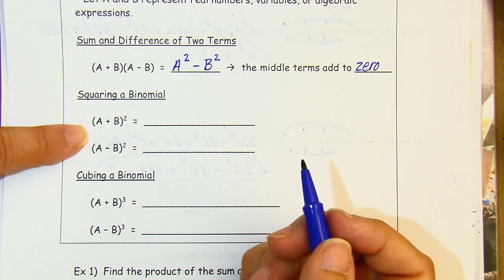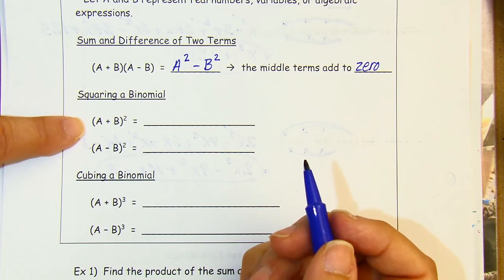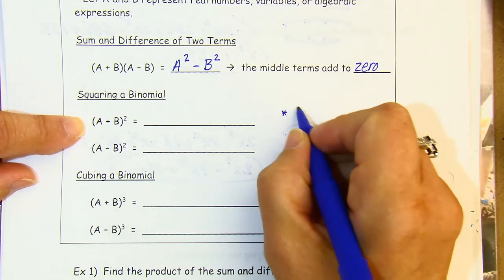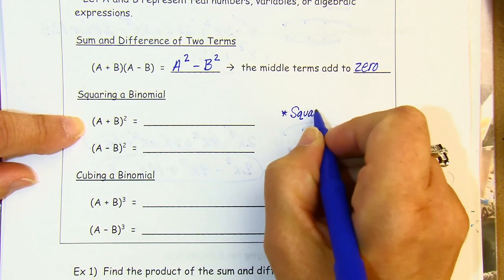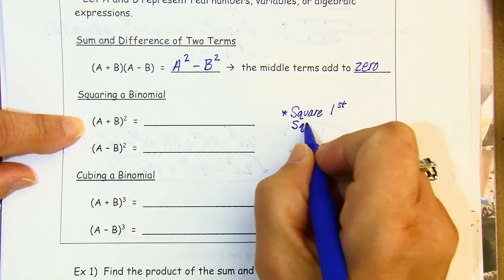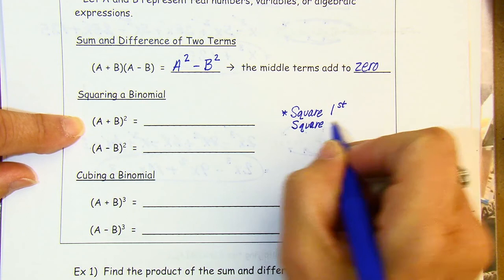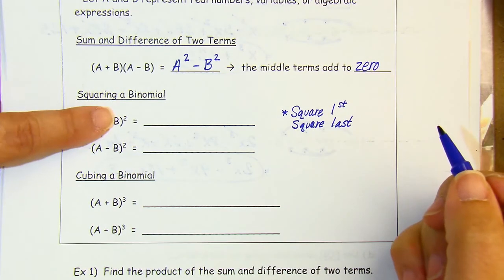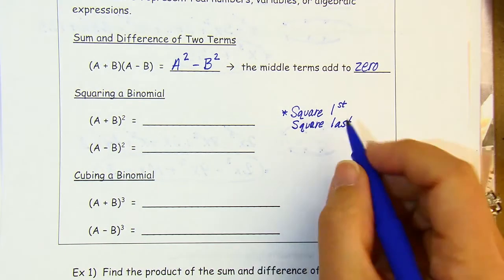Squaring a binomial. Well, I would like you to learn the shorter way of squaring a binomial. You're going to square the first term, square the last term. Okay, so the first would be A, the last would be B. Square the first, square the last.